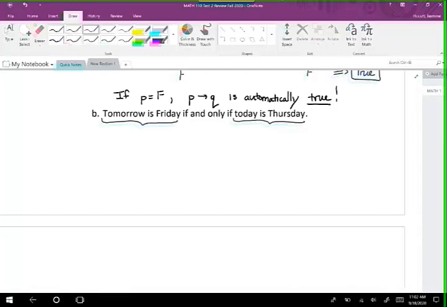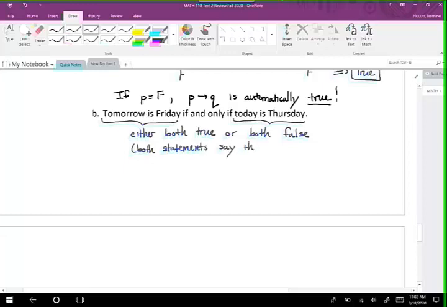But that changes depending on what the day of the week is right now. However, what we can say is that either both of these statements are true or both of these statements are false. In other words, both statements say or suggest the same thing.